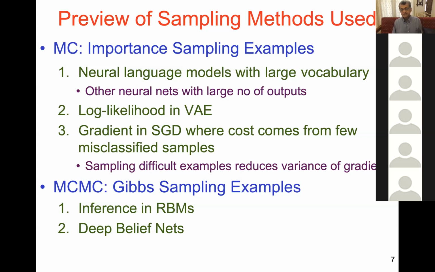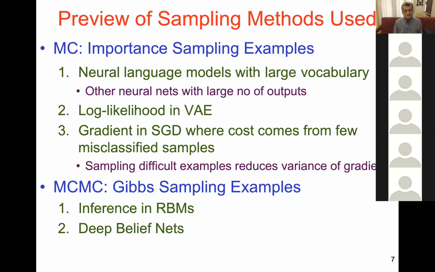So in stochastic gradient descent, we are determining the cost or the loss, and it's usually triggered by misclassified samples. These are not right, so we've got to make a change. And sampling difficult examples reduces variance with the gradient. So this is saying that without having to deal with all the difficult examples, sampling them can be used.